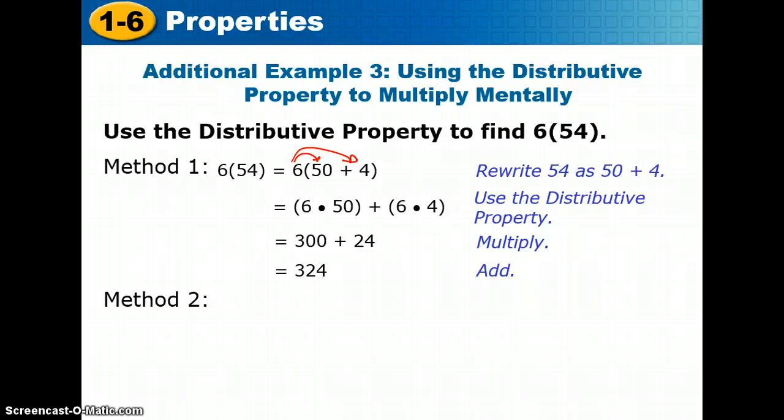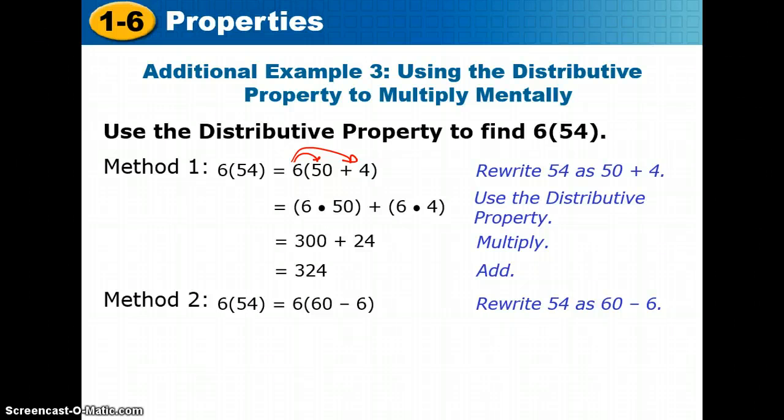Let's use the distributive property with subtraction to find the same product. In this case, I'm going to want to find two numbers that I can subtract that are easy to multiply in my head and will still give me 54 inside the parentheses when I subtract them. So 54 can be rewritten as 60 minus 6.